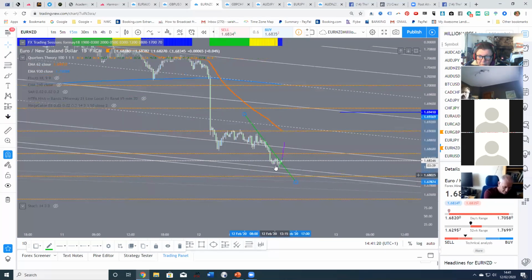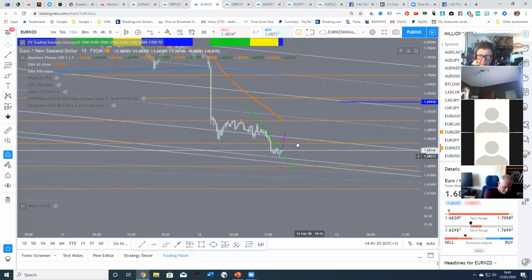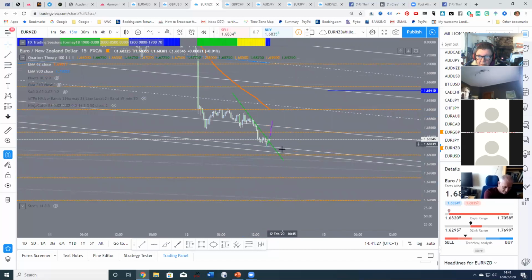So I'm looking for it to do a break and a retest of that and carry on up. That's one thing I'm looking for. I'm on the 15-minute trend. I'm looking for it to break 1.68.